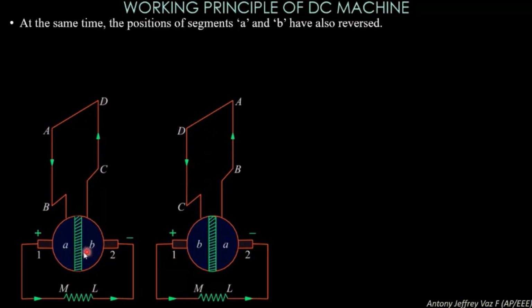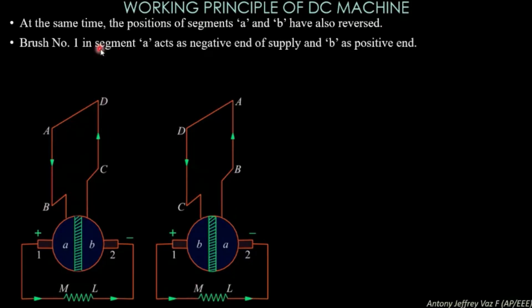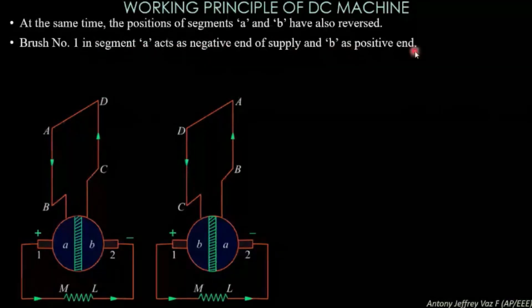So the brush 1 remains positive and the brush 2 remains negative. Due to this, in the resistance M and L, the current starts flowing from M to L. You can see the brush number 1 in segment A acts as negative end of the supply and B as positive end of the supply.